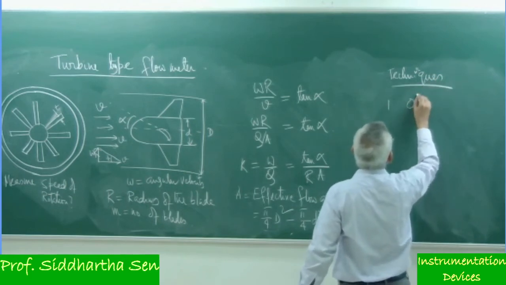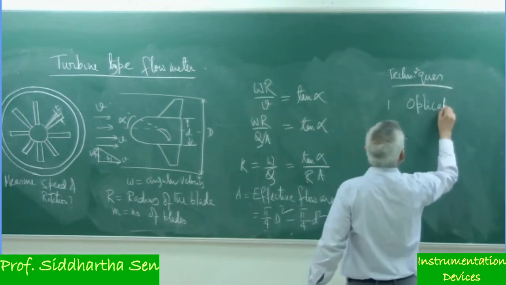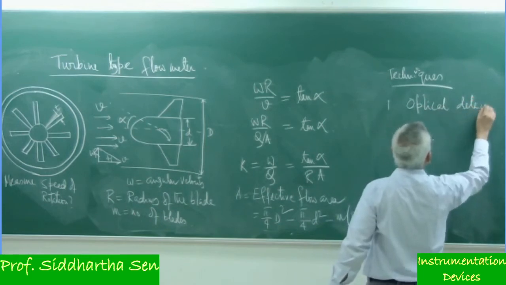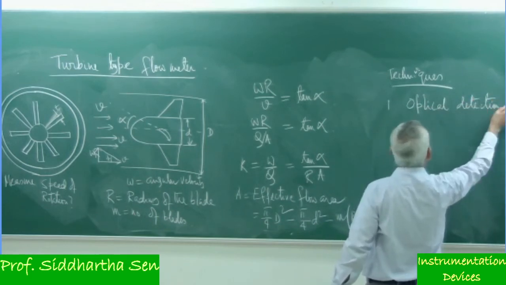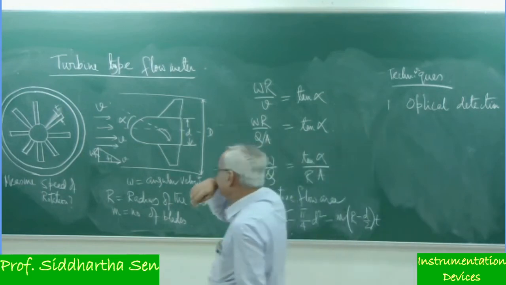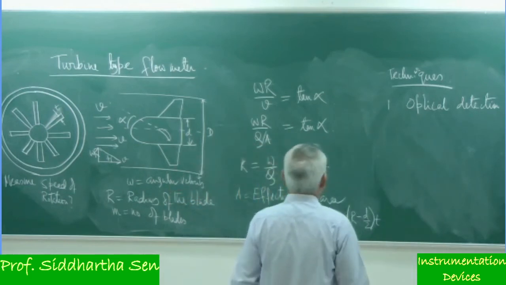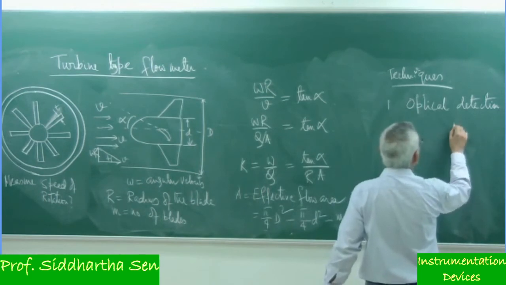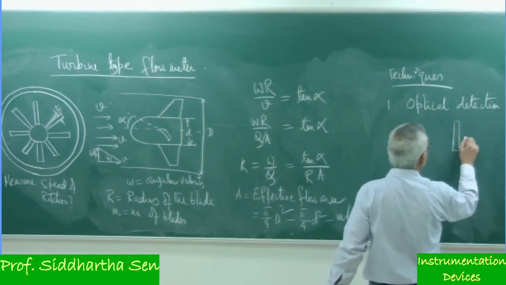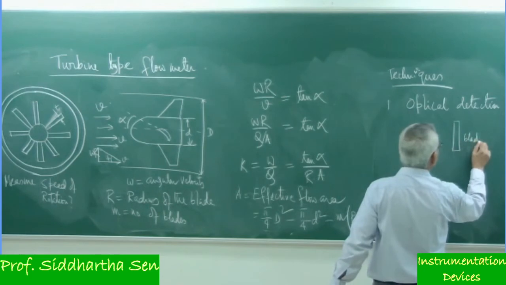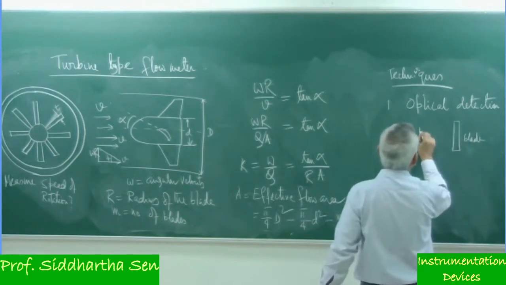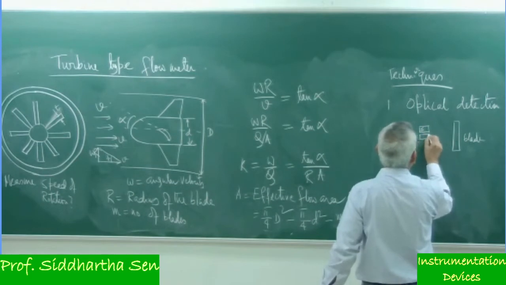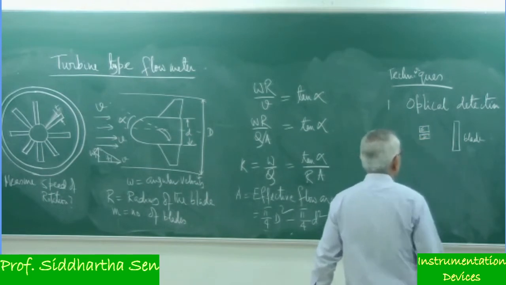One is optical detection. What you can do is that you can have a blade there and we can have an optical source and an optical detector there.